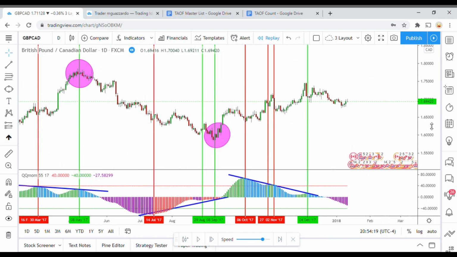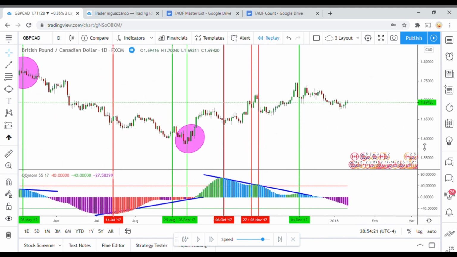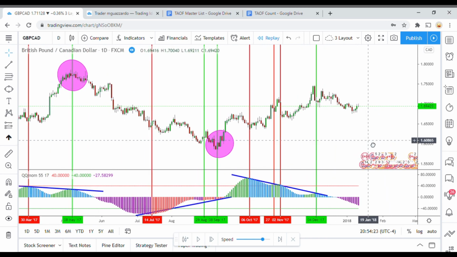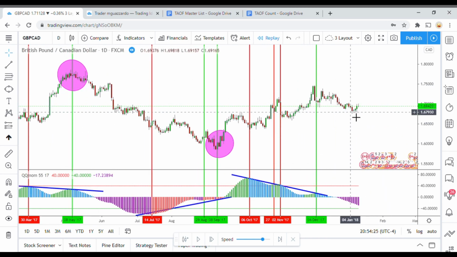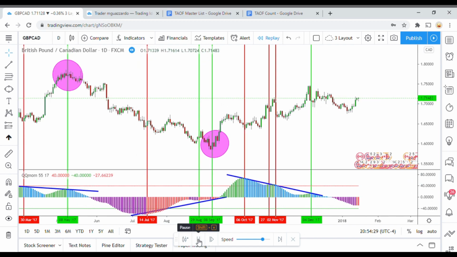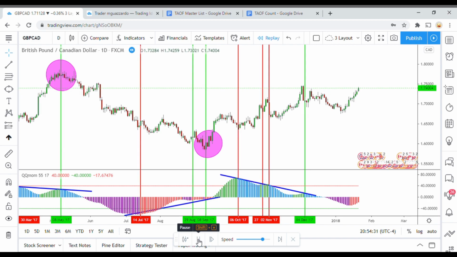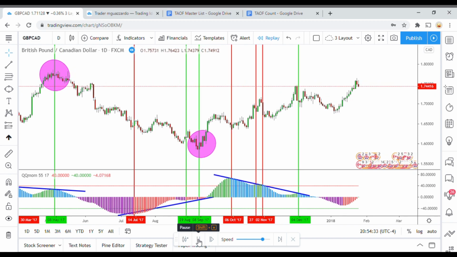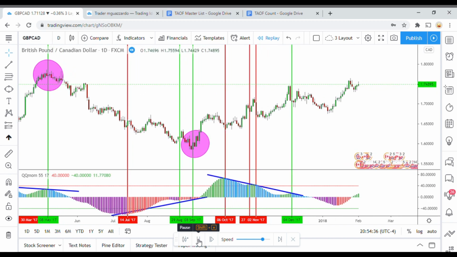Of course, we haven't played it out the rest of the way over here, but I mean, that would have been a reasonable move. Let's play it out a little bit and see what it does. Looks like it's going to want to push its way back up. Yeah, that's what I thought.